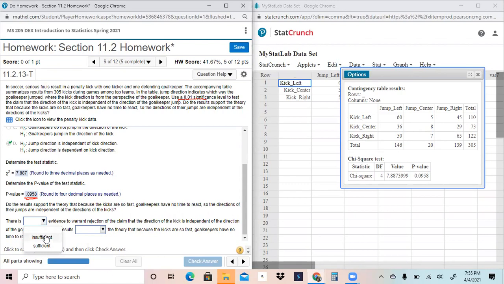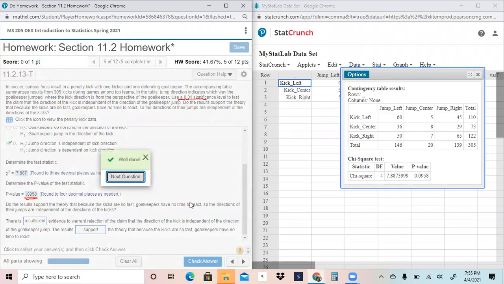There is insufficient evidence to warrant rejection of the claim that the direction of the kick is independent of the direction of the goalkeeper jump. The results do support the theory that the kicks are so fast that the goalkeepers cannot react. Wow. All right.